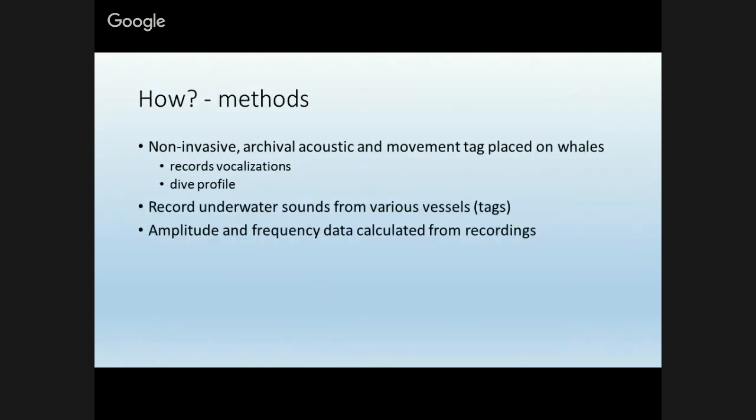Okay, how we did this is we attached these non-invasive archival acoustic and movement tags, and this is one of them, an AccuSound. So you can see it's got suction cups at the bottom and attaches to the animal, and then it's got different accelerometers, a hydrophone, battery, and storage.